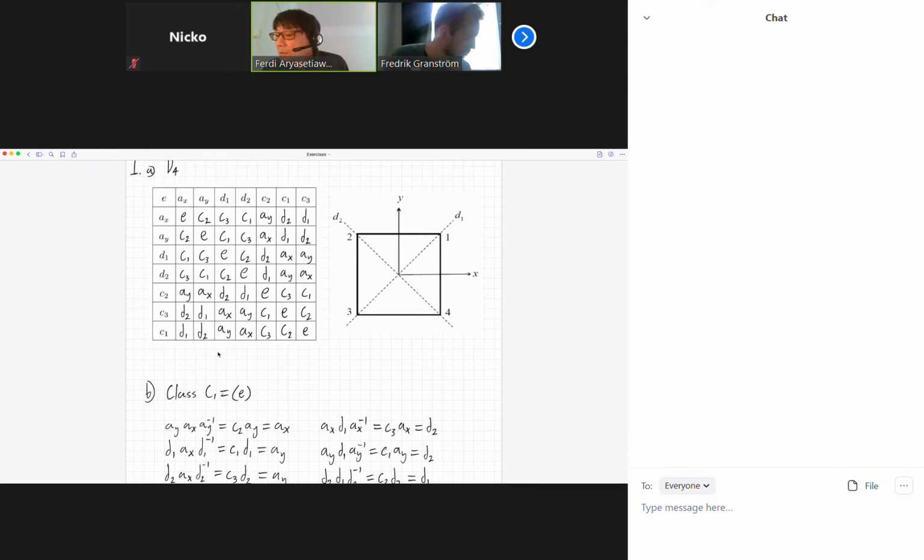So is that equal to C2 or not? Yes, isn't that the same? I mean, C2 is counterclockwise by pi, right?